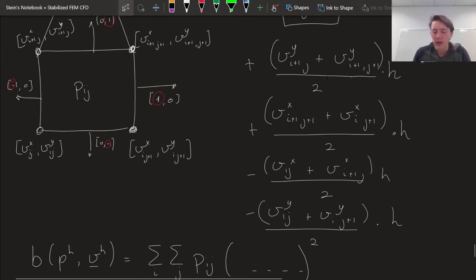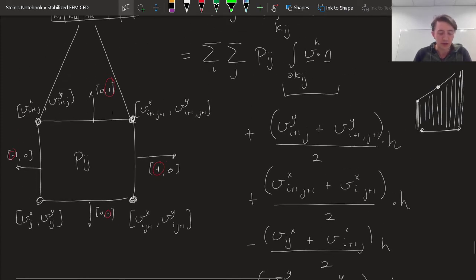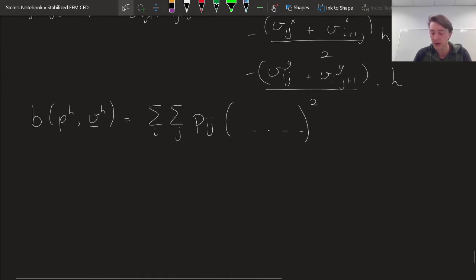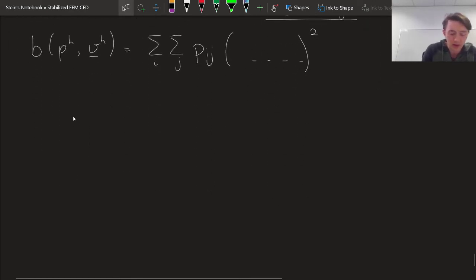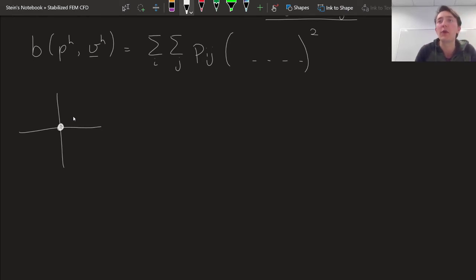Okay, so the way that we worked this out so far is we took an element as the center of our picture, and then we produced the degrees of freedom that surround all the edges and the nodes of that element. Let's change perspective a little bit to a node-centered expression. So I'm going to look at a single node where I have a couple of elements. The elements are also encoded by the pressure degree of freedom, because I have only one pressure per element.